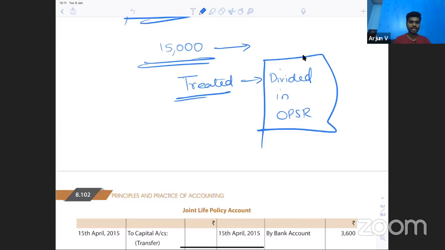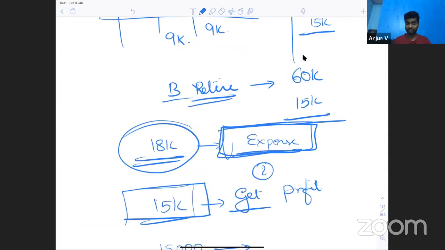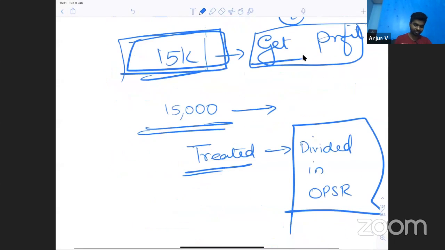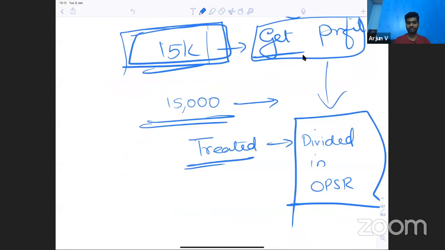Again I'm saying, if in the question they say joint life policy is treated as an expense, that means any amount over and above what I get back from the insurance company, that is 15,000, will be treated as a profit. Profit gets divided among the existing partners in the old profit sharing ratio.